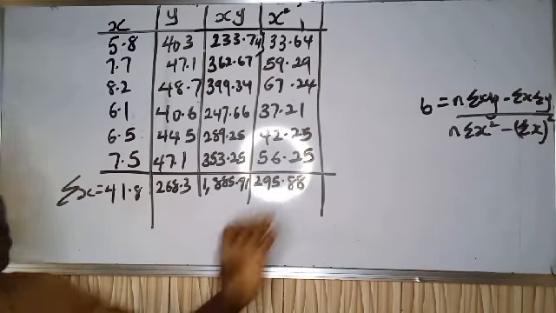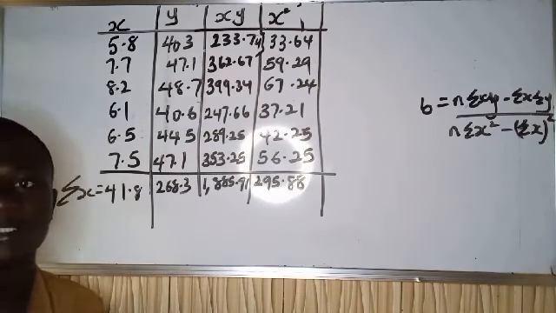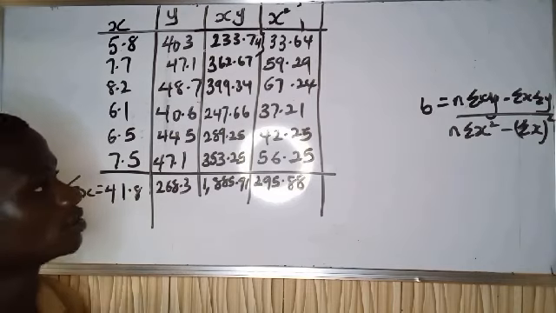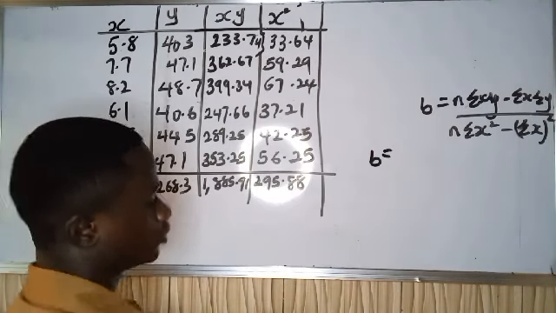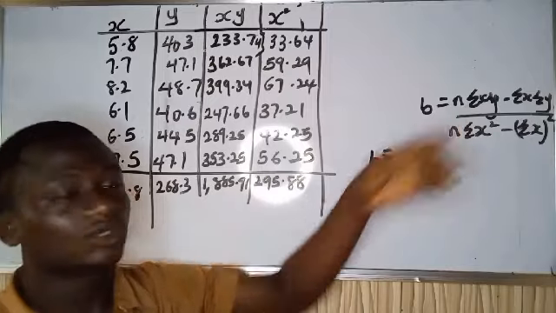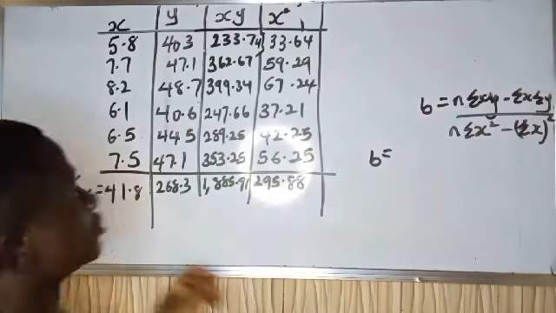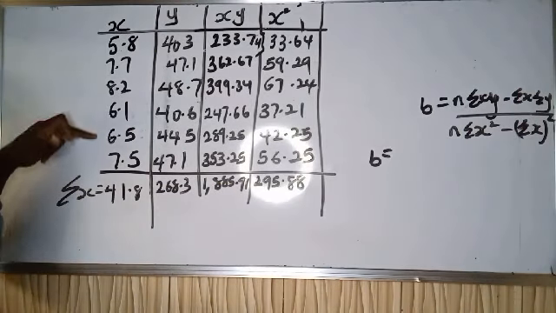So all I need to do is substitute the required values in my provided formula. My b will be equal to n, which refers to how many months I am testing. Of course, it is 6 months: 1, 2, 3, 4, 5, 6.